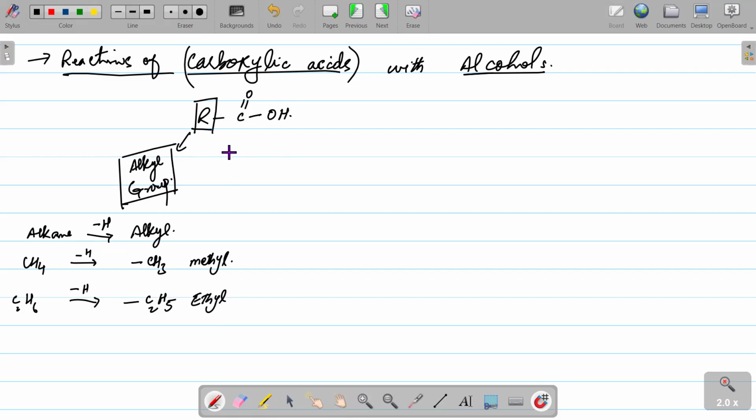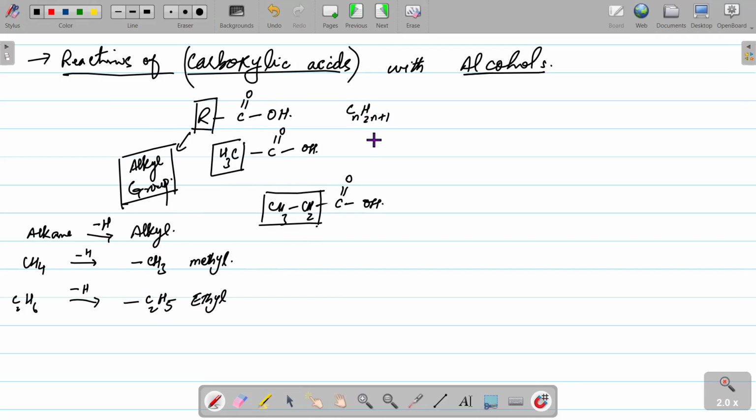So for example, if I have CH3, C double bond O and OH, in that case, this CH3 belongs to alkyl group, methyl, or if I have CH3, CH2, C double bond O and OH, then this belongs to alkyl group, which is ethyl, as you can see, CH3 and CH2, C2H5 overall.